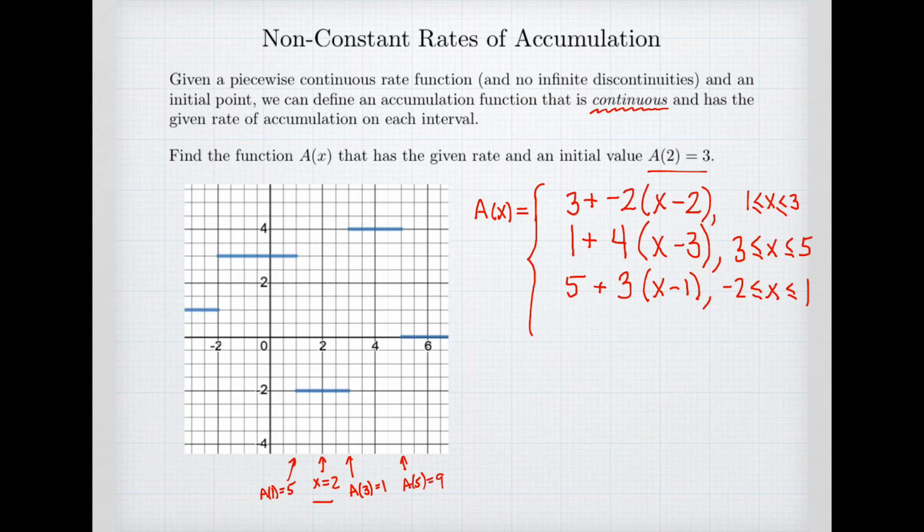And I can also calculate a of negative 2. A of negative 2, I'll use the formula that goes from negative 2 to 1. Plugging negative 2 in, I get negative 3 times 3 is negative 9, plus 5 is negative 4. And with those 2 points, I can calculate the formula for my function on the last intervals.